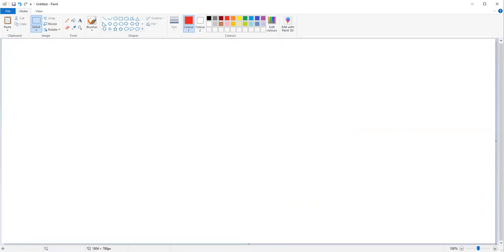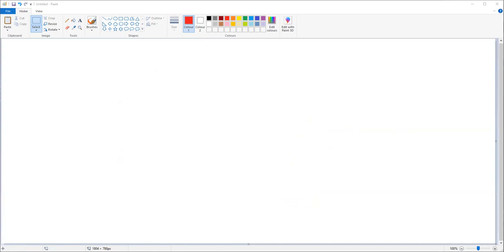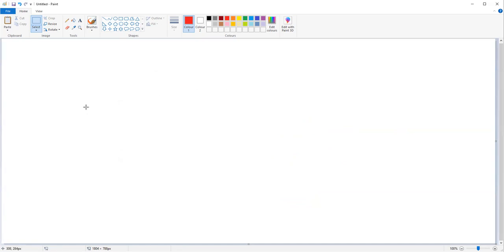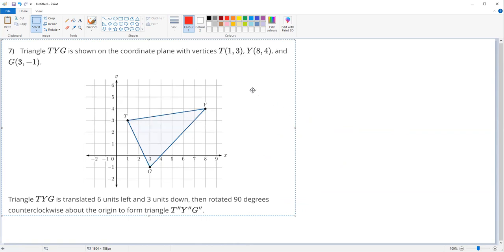Last one here: I got this triangle with these points. I even told you the points on here. You had to pull them off the coordinate plane.